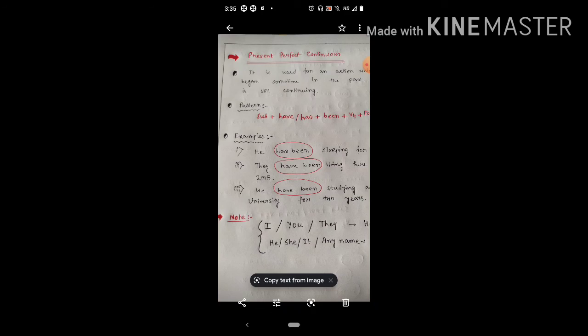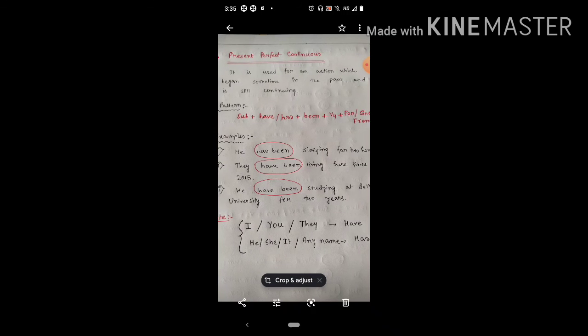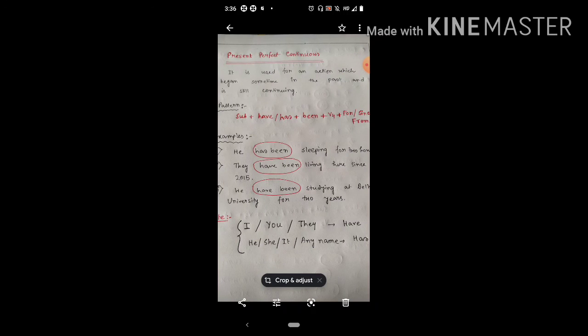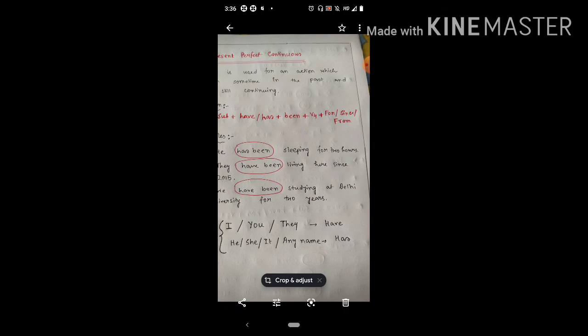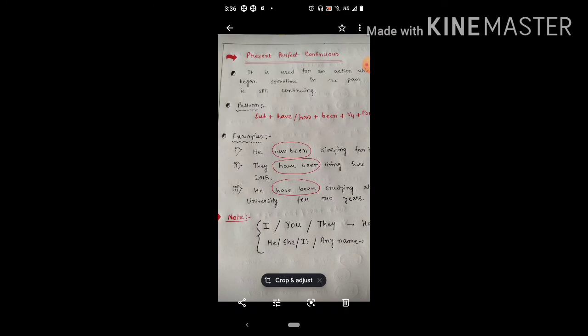The pattern of the present perfect continuous tense is, at first we should write the subject and then have or has, then been, B-E-E-N, been, and after that V4, that means the verb plus ing form, and for or since or from. Okay, so look at the examples.